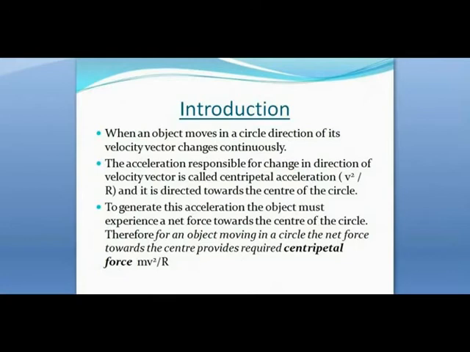This acceleration is responsible for the change in the direction of the velocity vector, and it is called centripetal acceleration. The value of centripetal acceleration is v square by r, where v is the magnitude of the velocity and r is the radius of the circle, and the direction of this acceleration is always towards the center of the circle.